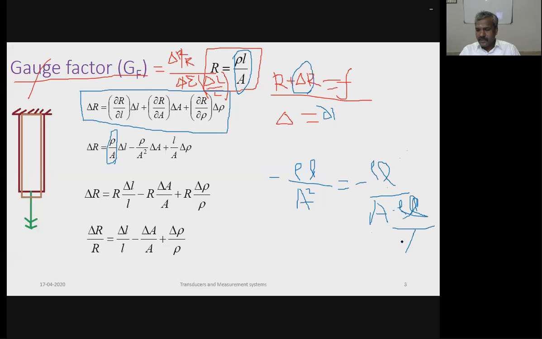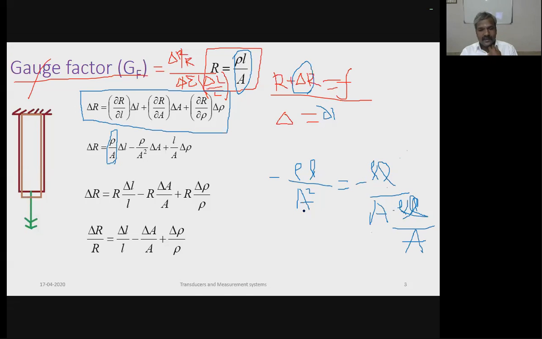A. So rho cancels. Okay, rho L by A minus, right, good.